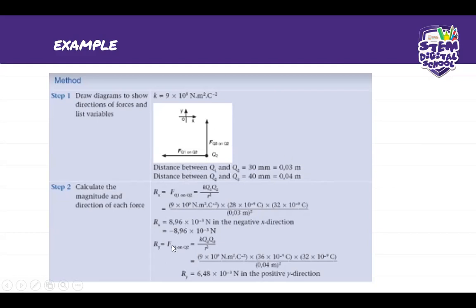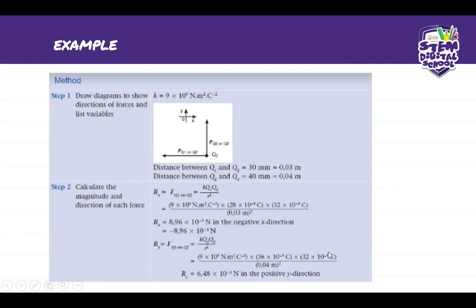And then we do the same thing for our y-axis. Okay, so we do our y component now, and that's going to be the Q3 on Q2, and that's going to be K times Q2 Q3 divided by R squared, and this is what it's going to give us.